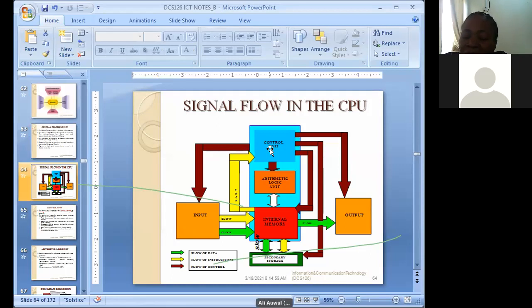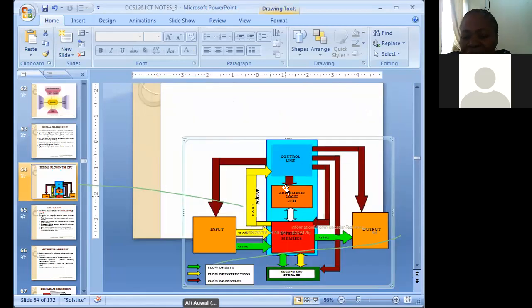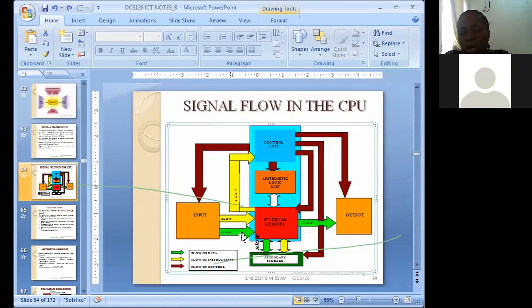But I said technically, it is the control unit and the ALU that are the main parts of the CPU. Why do I say so? The internal memory is there just to assist in holding data and instruction during processing. So the main 2 that do all the work are the control unit and the ALU.